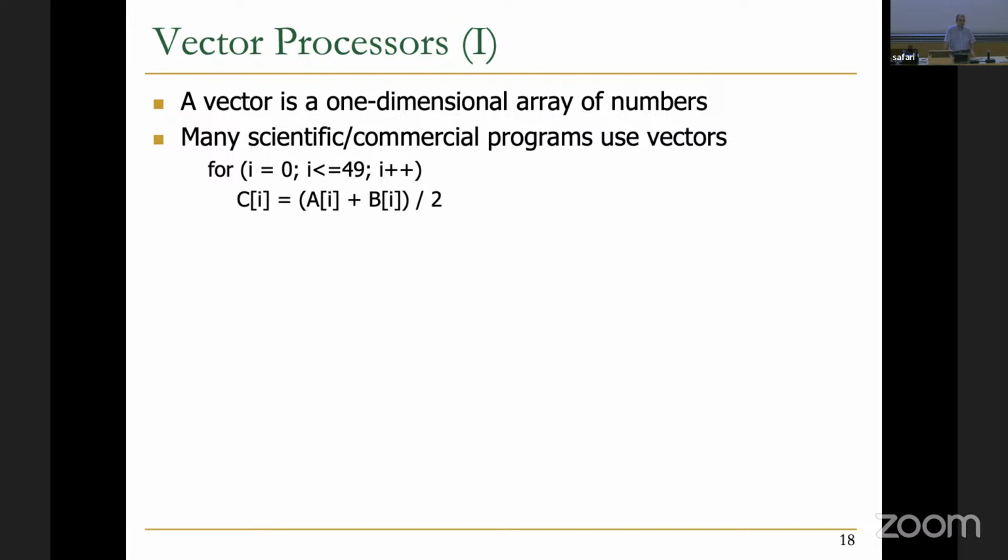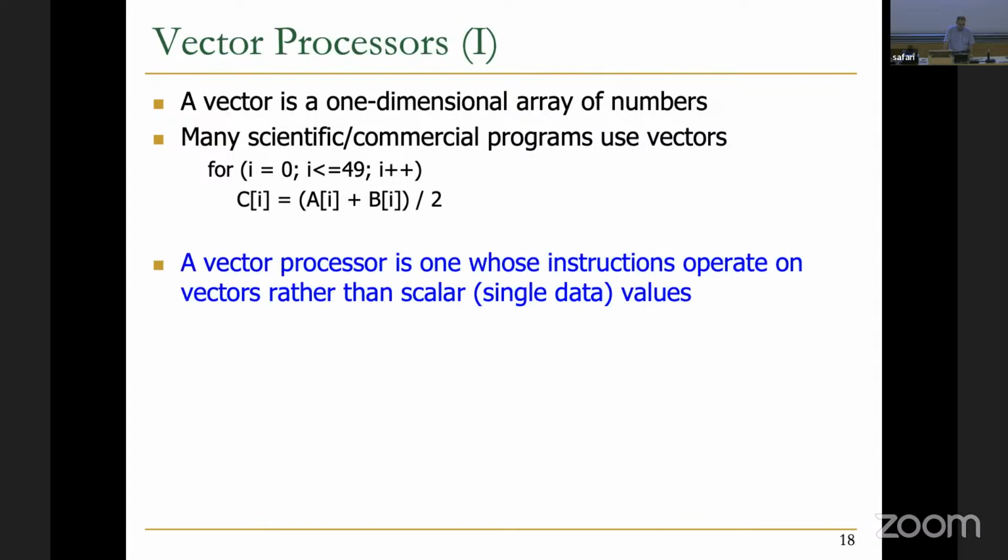In machine learning, we also use matrices, and matrices are essentially also vectors. So in the end, you can see that we see vectors in many applications. A vector processor is one whose instructions operate on vectors rather than scalar values, as we discussed.